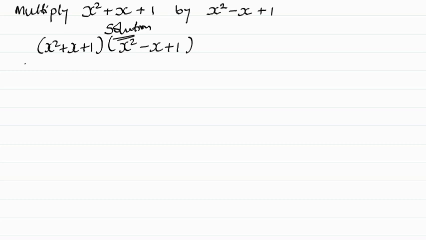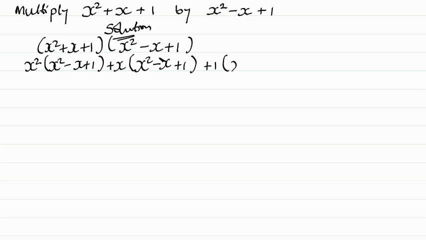So we have x squared bracket open x squared minus x plus 1 bracket close plus x bracket open x squared minus x plus 1 bracket close plus 1 bracket open x squared minus x plus 1 bracket close.